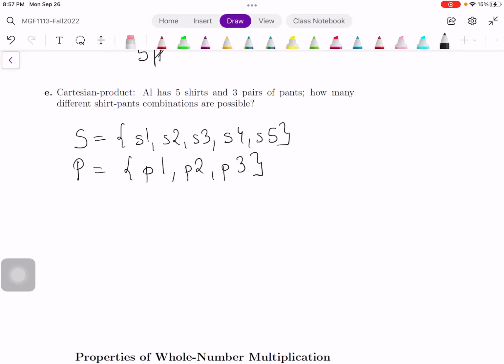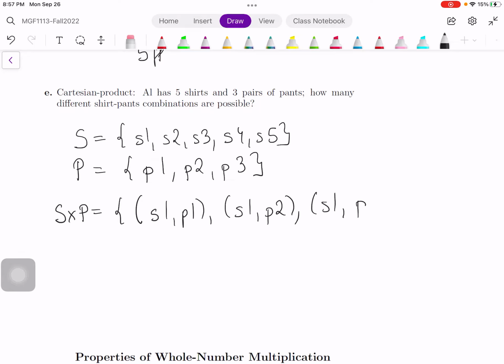So how many different shirt-pants combinations I have is a Cartesian product, the set of ordered pairs. I could put shirt 1 with pants 1, or shirt 1 with the second pants, or shirt 1 with the third pair of pants. He can do the same thing for shirt 2, shirt 2 with pants 2, and shirt 2 with the third pair of pants.